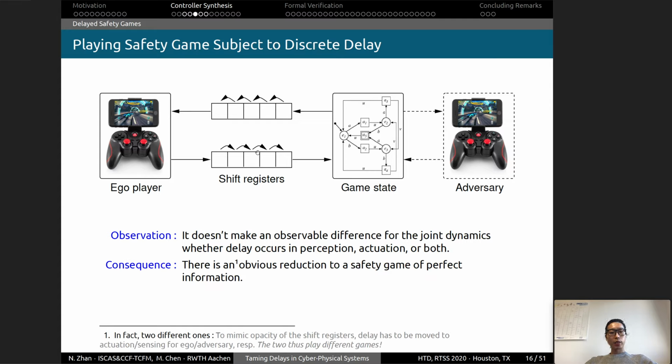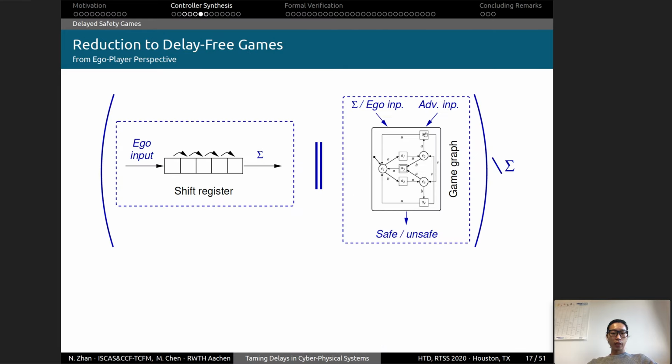Now, such an observation yields the fact that there's an obvious reduction of such delay games to a perfect information game, as we just saw from the previous slide. But notice that such a reduction is dedicated to the ego player. We don't have any delay for the adversary.